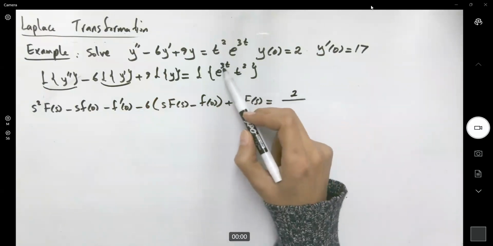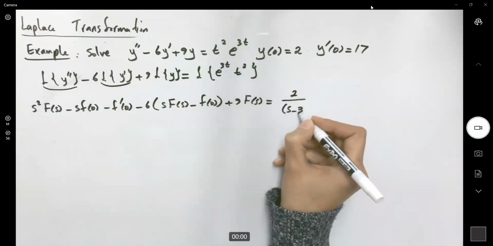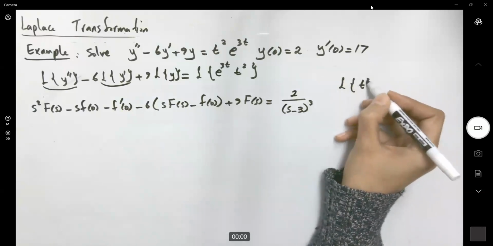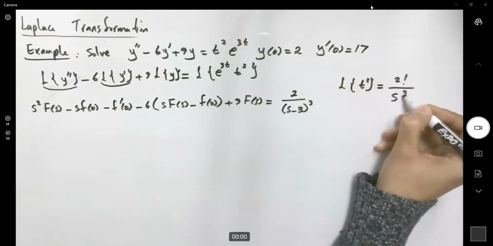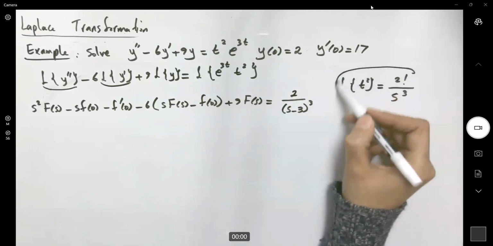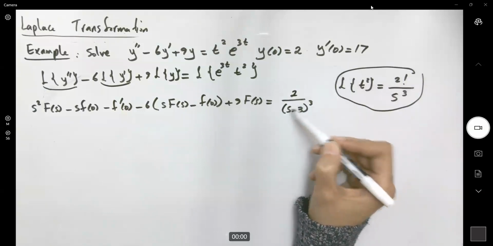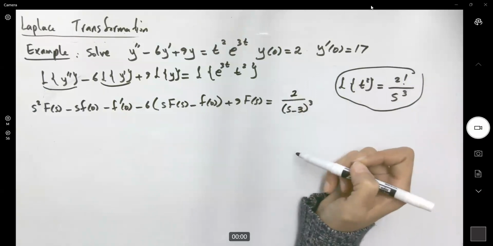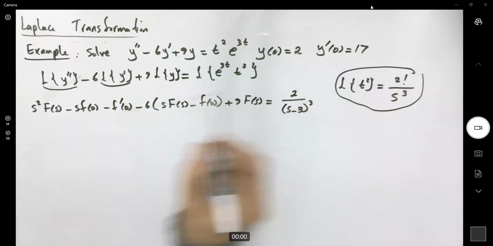But here you have a equal to 3, so we get s minus 3 to the third. Recall that the Laplace of t squared is 2 factorial divided by s cubed. The first translation theorem says it's going to be 2 divided by (s minus 3) to the third. Okay, so far so good.